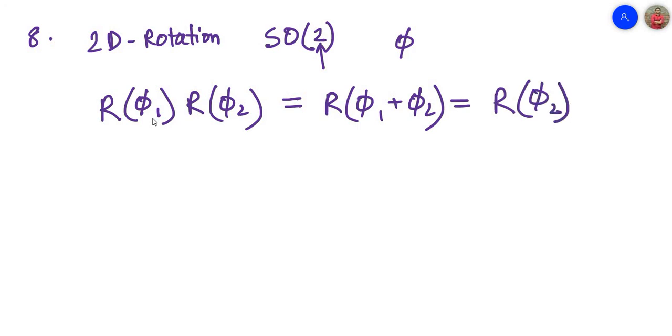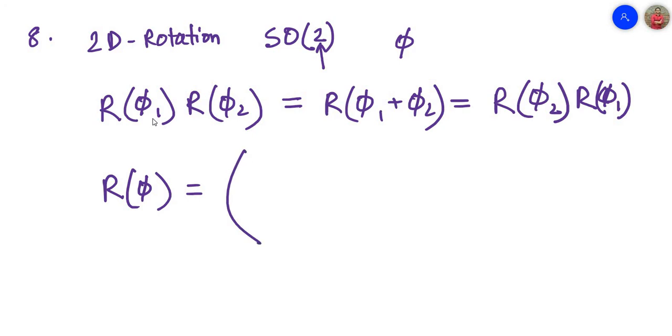That means this is equal to r of phi 2 multiplied with r of phi 1, where r of phi has the generic form cosine phi, sine phi, negative sine phi and then cosine phi.